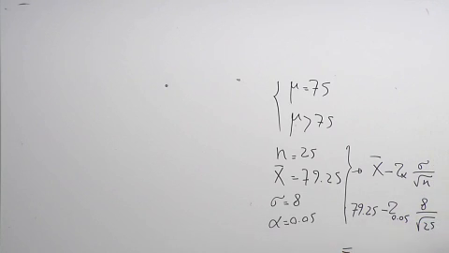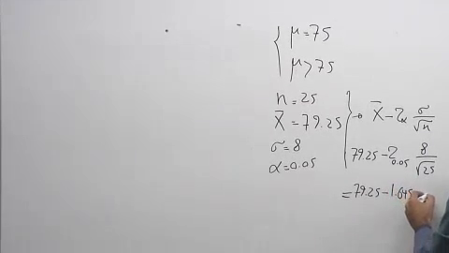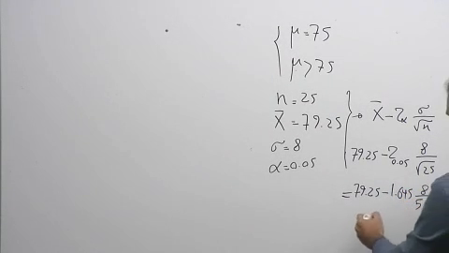So if you calculate this, 79.25 minus 1.645 times 8 over 5.